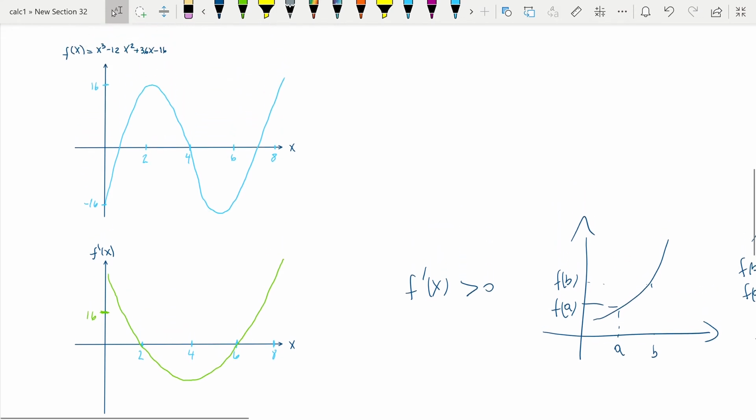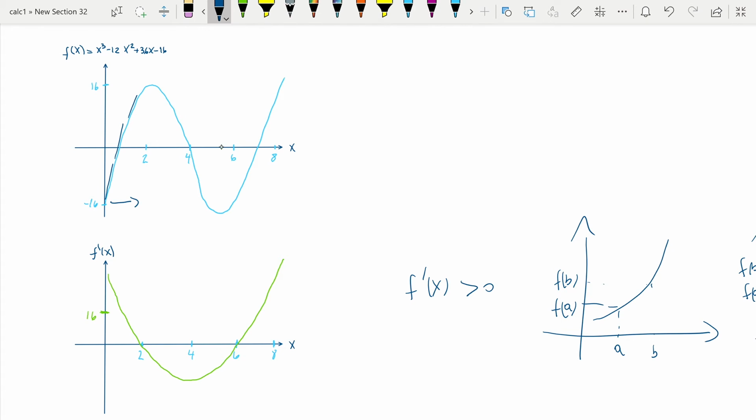This is exactly what we see here. So up until the value 2, the function is going up. These are the slopes. Right? So f prime is positive.